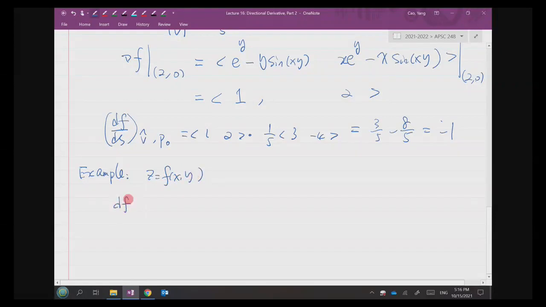I don't need you to calculate. I want you to look at it and then tell me. Right? So if I have a function of 2 variables, what will be the directional derivative in the direction of I hat?